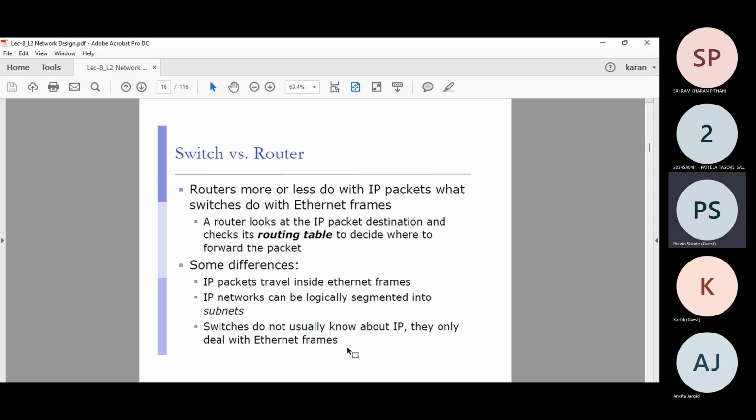Okay. So the point is clear between switches and routers. Tagore, Sriram, and Karthik.